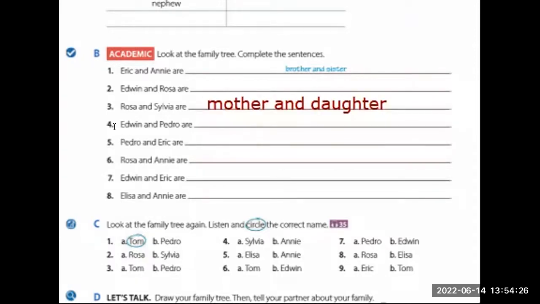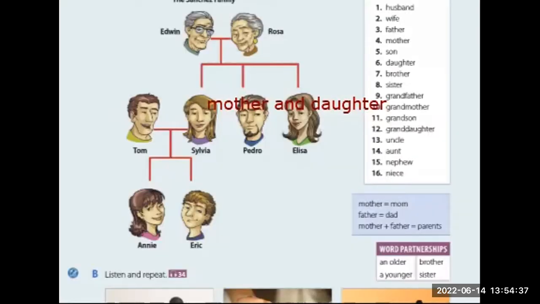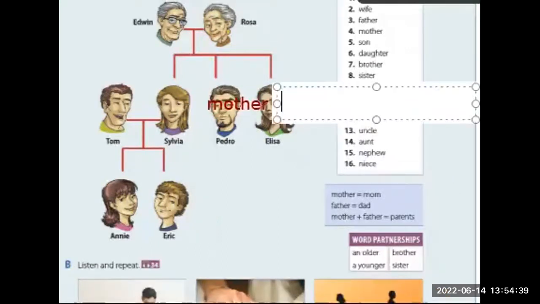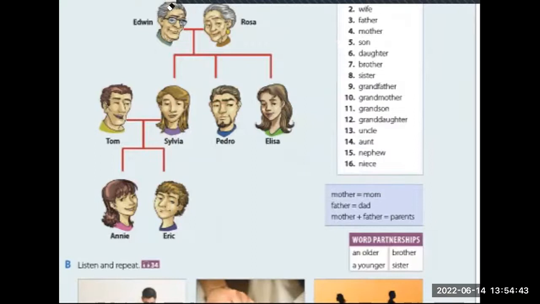All right, Rosa and Sylvia are mother and daughter. That's how you complete these sentences. Now, oh, it keeps moving. Don't need to do that. All right. That was Rosa and Sylvia, mother and daughter.